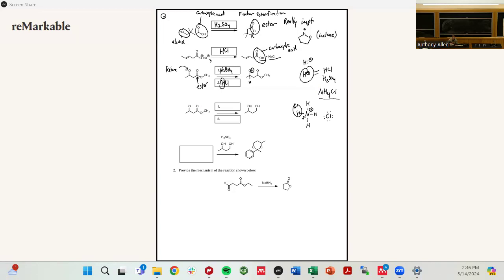Okay, in this case, I have a ketone and an ester. They both were what? Reduced, so they both received hydrides. How many did the ester receive? 2, yeah.